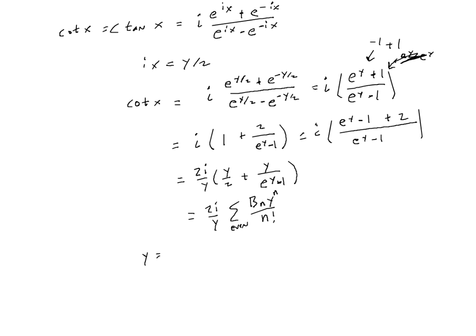So we're going to replace y with 2ix, and so the cotangent of x should be equal to 1 over x times the sum over the even terms of minus 1 to the n over 2 b sub n 2x to the n over n factorial. This is just substituting numbers back.